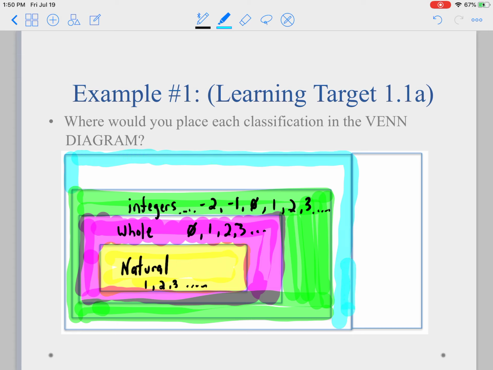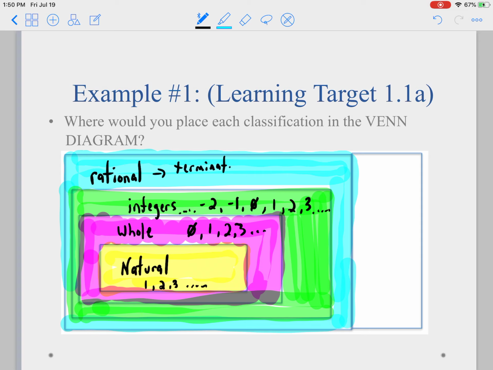And lastly, on this side of our classification, I'll highlight it as blue. If you recall, our natural numbers, whole numbers, and integers are all considered rational numbers with the inclusion of terminating and repeating decimals.